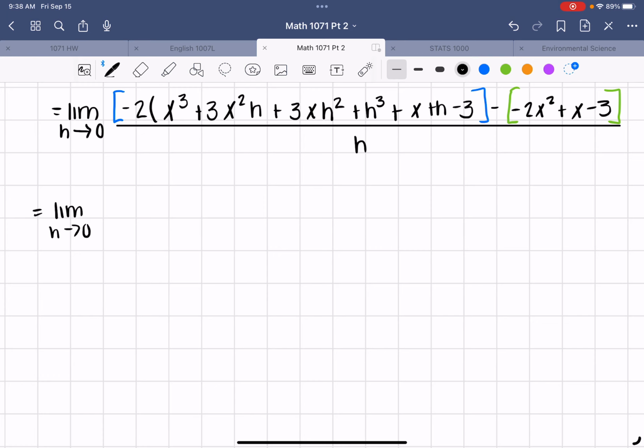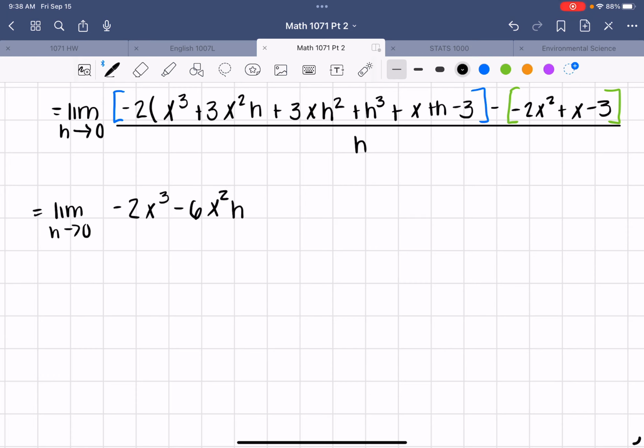There's nothing wrong with the -6. I probably should have left it -2 times 3 so you could see the pattern, but I didn't. Plus -2 times 6xh squared minus 2h cubed plus x plus h minus 3.